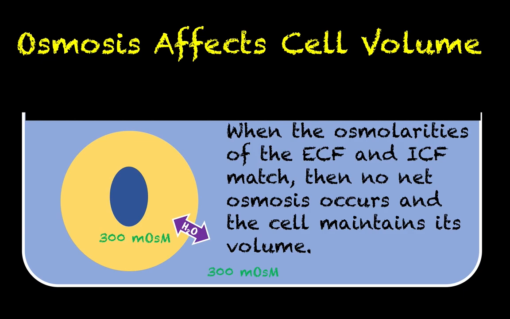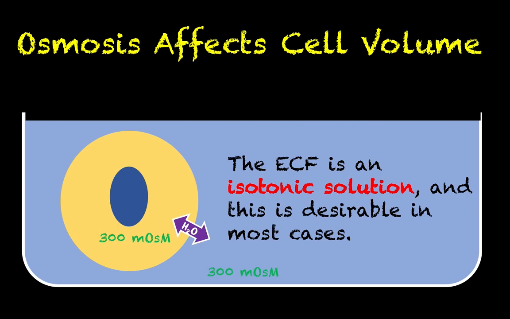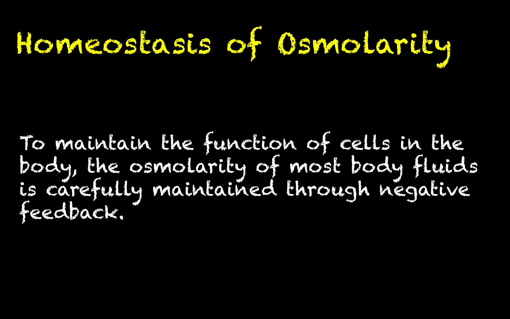When the osmolarities of both the extracellular and intracellular fluids match each other, then no net osmosis will occur, and the cell will maintain its volume, its shape, and most importantly, the cell membrane will maintain its integrity, and the cell will be able to continue living and performing its important bodily functions. So this type of fluid in which the extracellular fluid has the same osmolarity as the intracellular fluid, this is an isotonic solution, and this is what we want in most cases for most cells in the body.